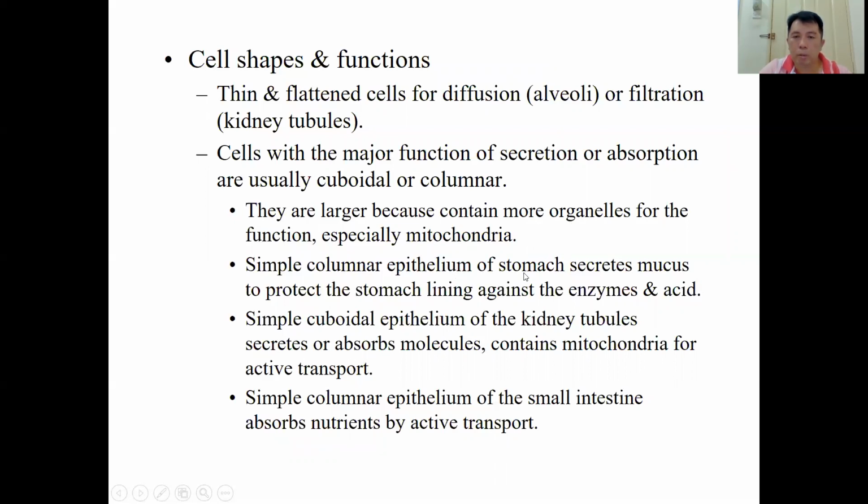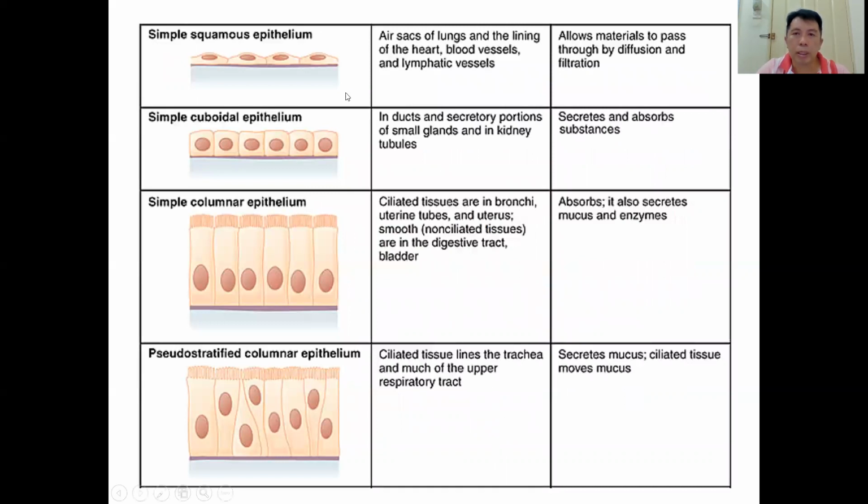The columnar epithelium of the stomach secretes mucus to protect the stomach lining against enzyme and acid. Simple cuboidal epithelium of the kidney tubule secretes or absorbs molecules, containing mitochondria as well. And columnar epithelium in the small intestine absorbs nutrients by active transport. So it depends on the shape, and sometimes they have microvilli or cilia, which also depends on the function.